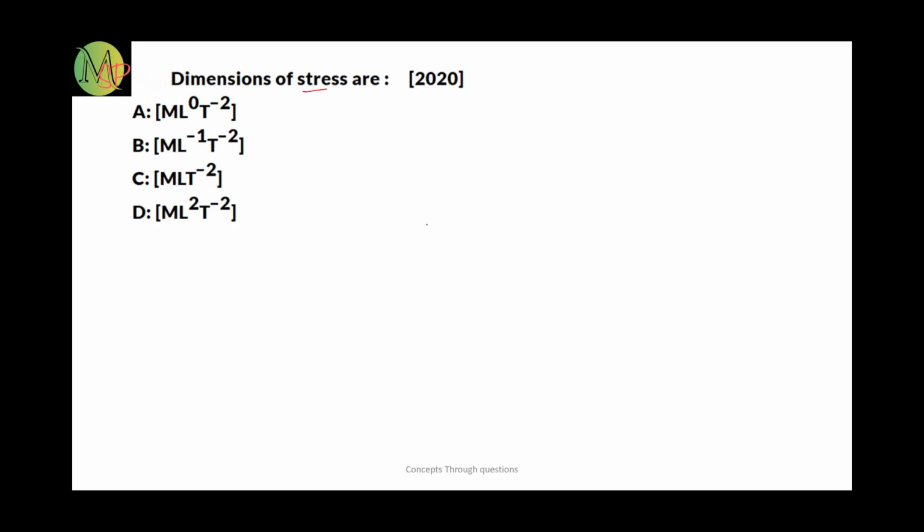And what is the dimensional formula for stress? The dimensional formula for stress is force per area. The dimensional formula for force is M L T raised to minus 2, and area is L raised to 2. So it is M L raised to minus 1 T raised to minus 2. So the answer is B, M L raised to minus 1 T raised to minus 2.